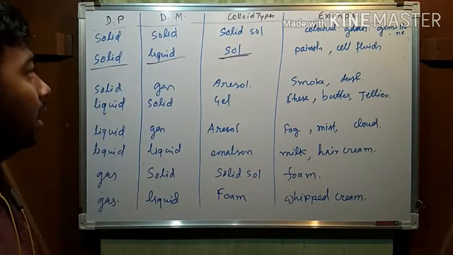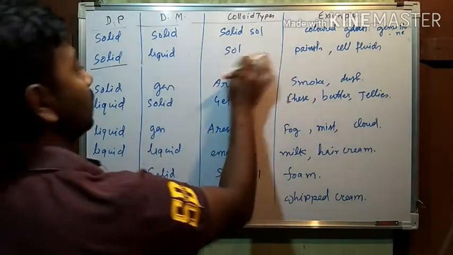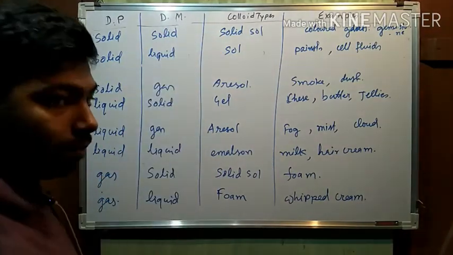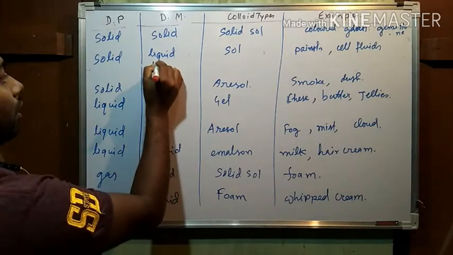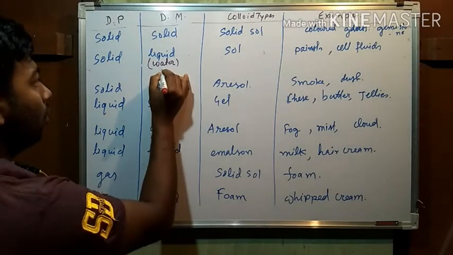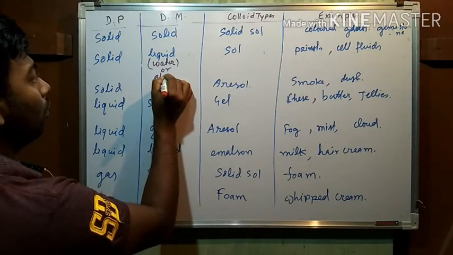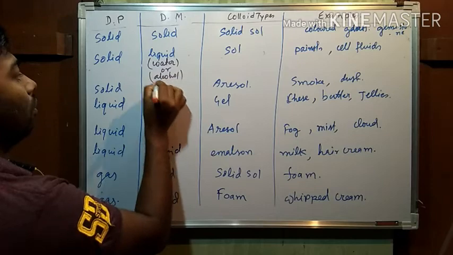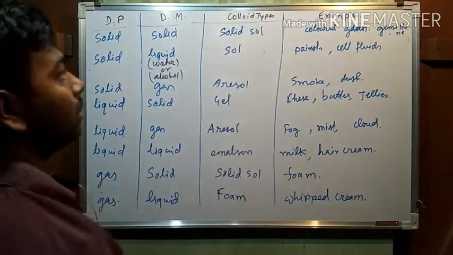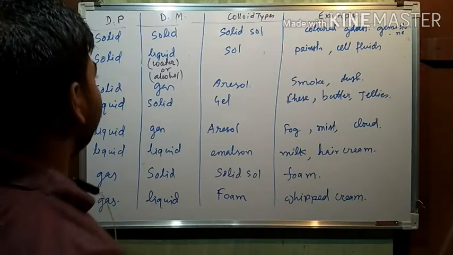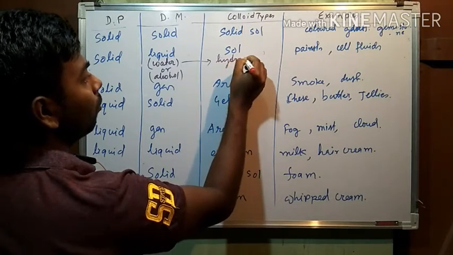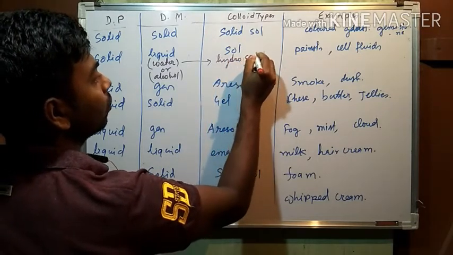Now, here is a particular case. If the dispersion medium in place of liquid is particularly water or alcohol, then the colloid type is particularly known as, for water, hydrosol.